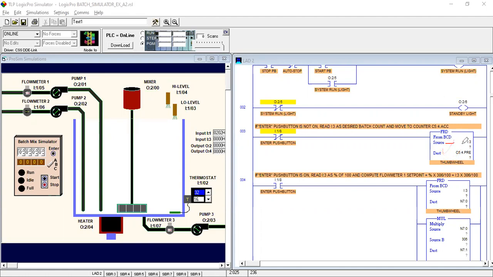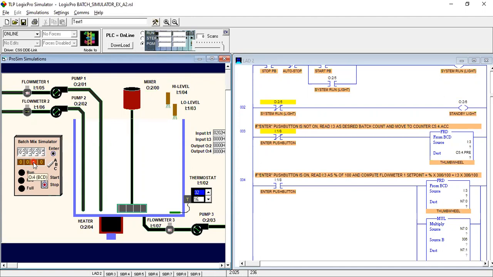In the source we have this address. This one is our batch mix simulation. This is the thumb wheel. I will show the changing parameters like that. It can be changed according to our application, demand and project work.